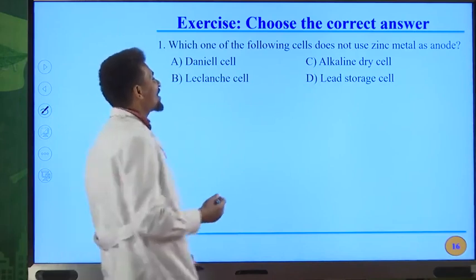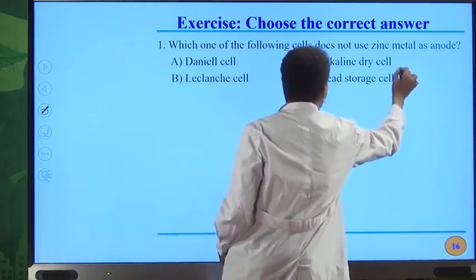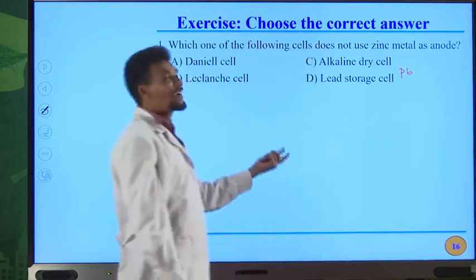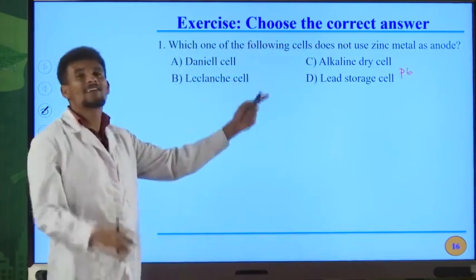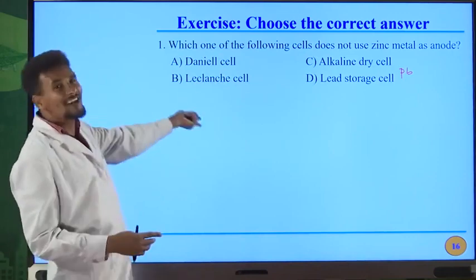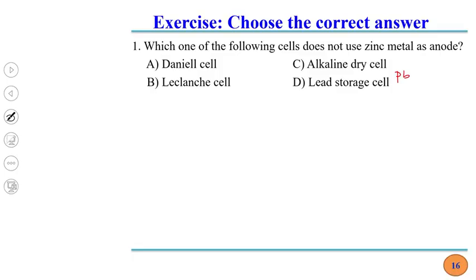In the lead storage cell, your anode is Pb, lead, not zinc. But in the alkaline dry cell, zinc serves as anode. In the Daniell cell, zinc also serves as anode. In the Leclanché cell, zinc also serves as anode. Therefore, D is the correct answer for question number 1.